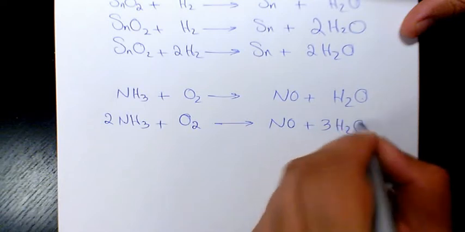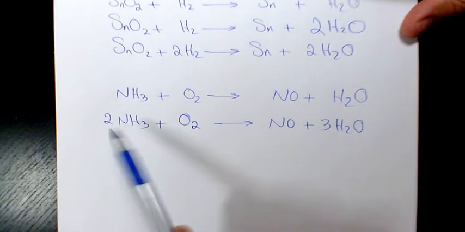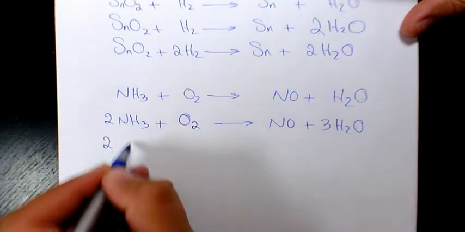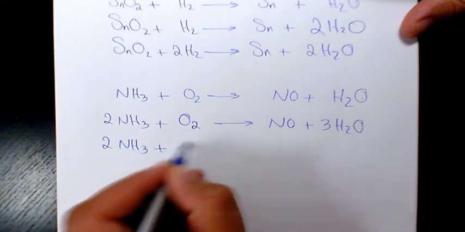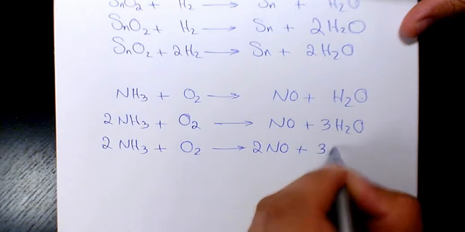Once you do that, the hydrogens are balanced, 6 and 6. However, the nitrogens are not balanced. We have 2 and we have 1 here. So I'm going to make it 2. NH3 plus O2 gives 2NO plus 3H2O.